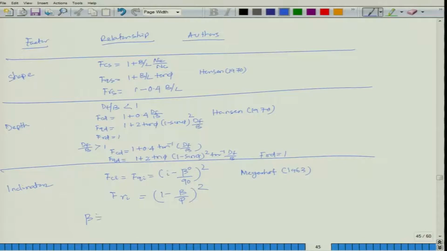Beta is the inclination of the load on the foundation.